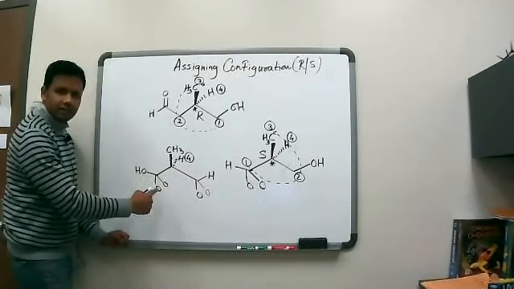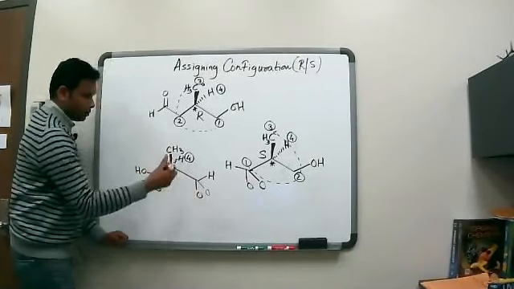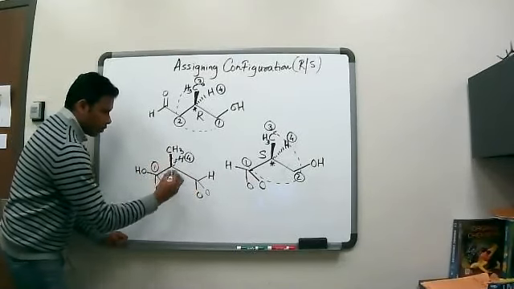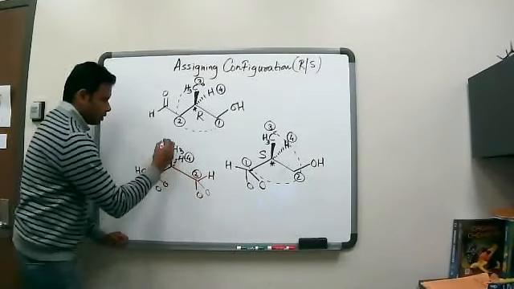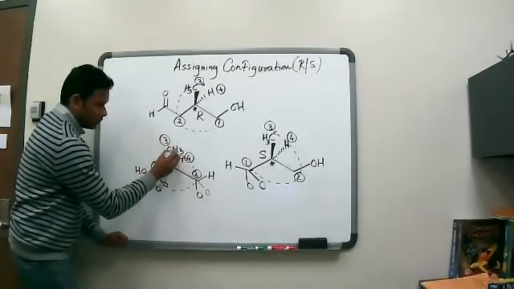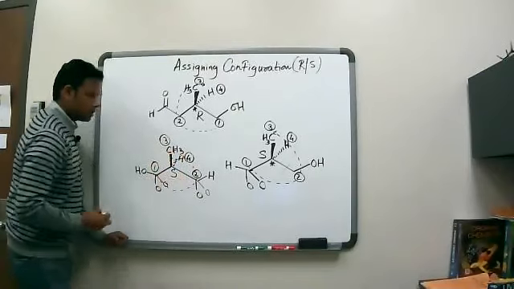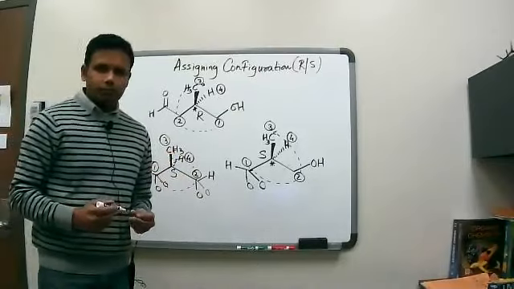Now this takes priority because there are 3 oxygen atoms, versus 2 here and none over there. So this would be 1, this would be 2, and this would be 3. In going from 1 to 2 to 3, we move counterclockwise, which means this is of the S configuration.